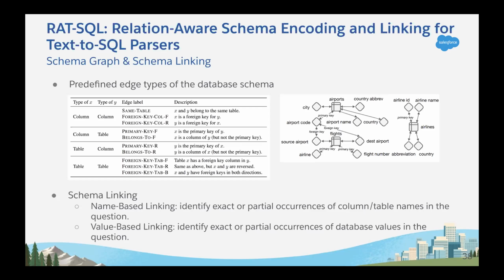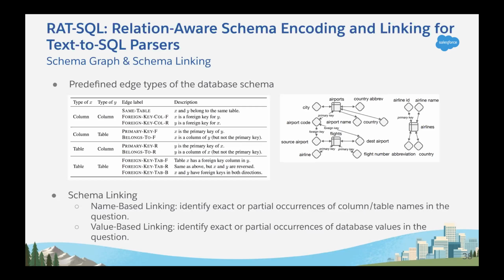And if X is just a column of Y, but not the primary key, they say it has the belongs-to relation. So they not only define the foreign key relation in a database schema, they also explicitly put in the primary key and belongs-to relations.